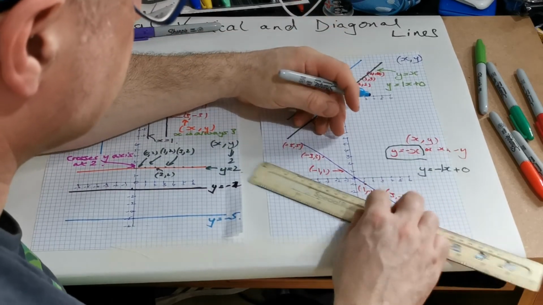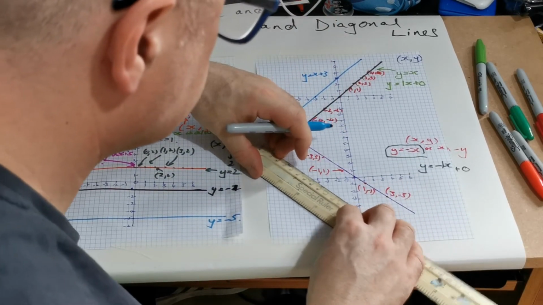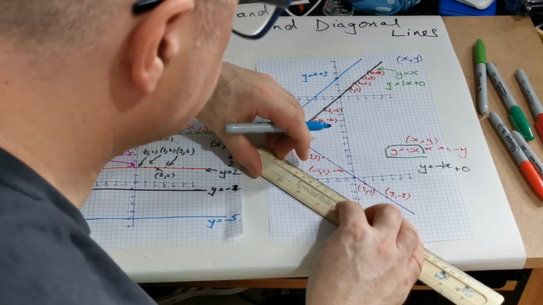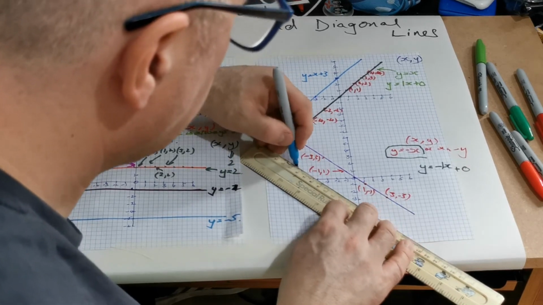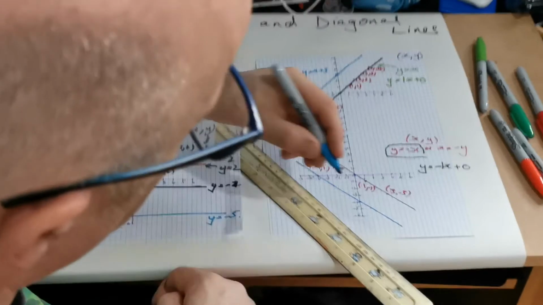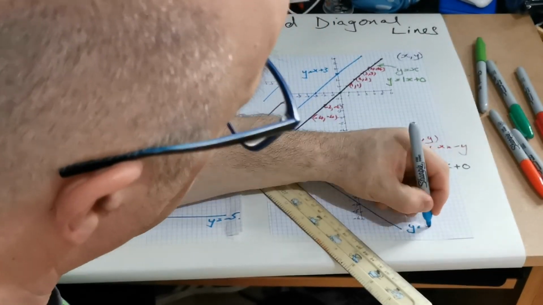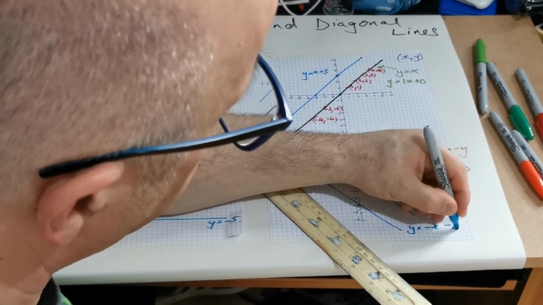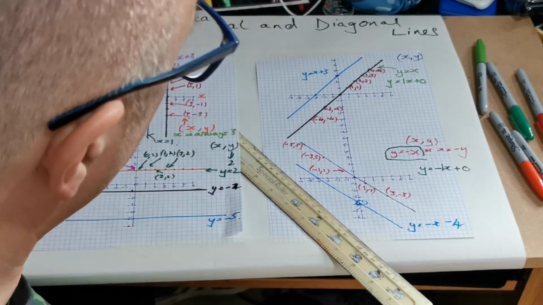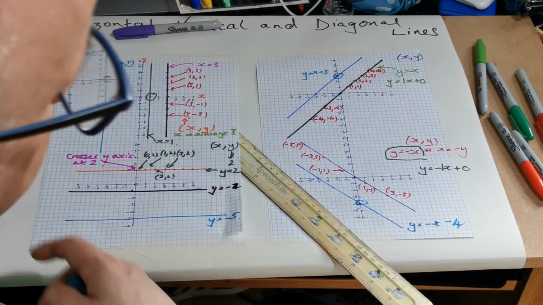And this one here, let's go for it just there. Y equals minus x minus 4 because obviously we've got the y-intercept there as well.